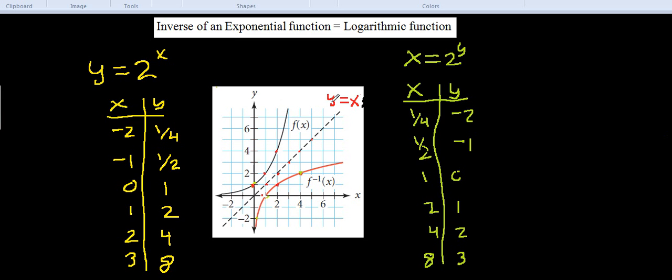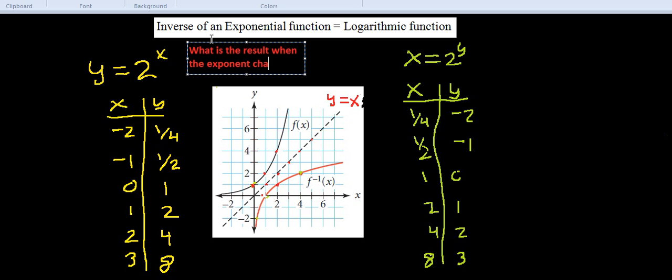So what we want to be able to do is ask the question for the exponential function and the inverse of that. For the exponential function, we're asking the question, what is the result when the exponent changes?